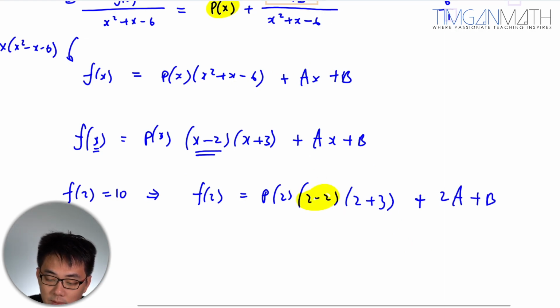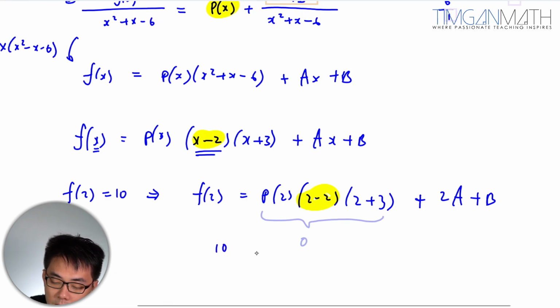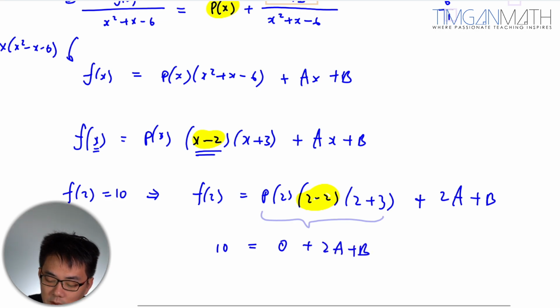So this whole thing just disappears, and what we have is f(2) as 10 equals 0 plus 2a plus b. Let me just write this as 2a plus b equals 10.